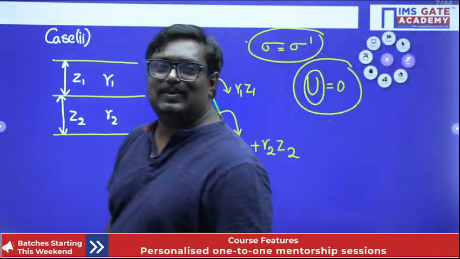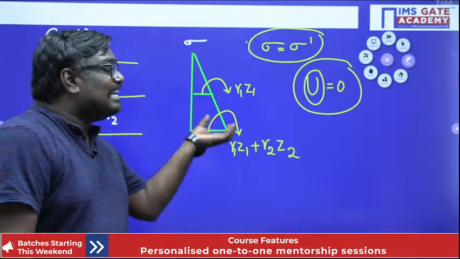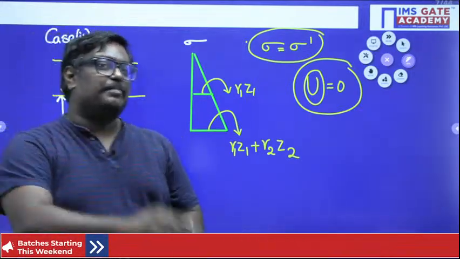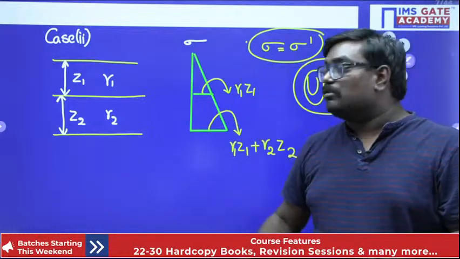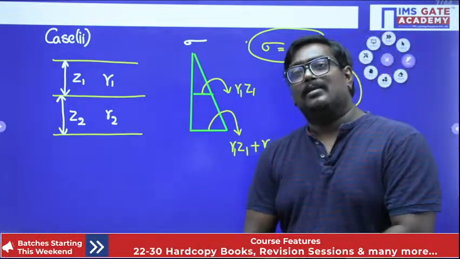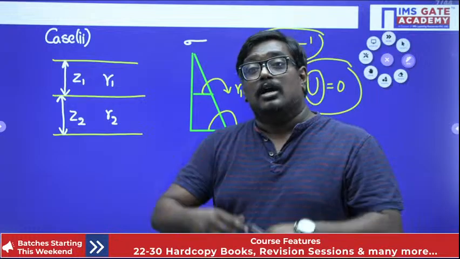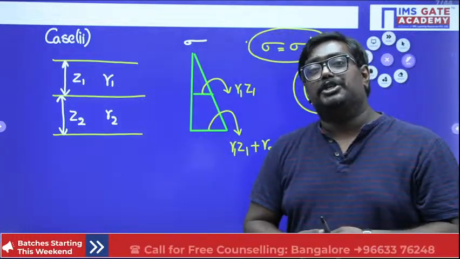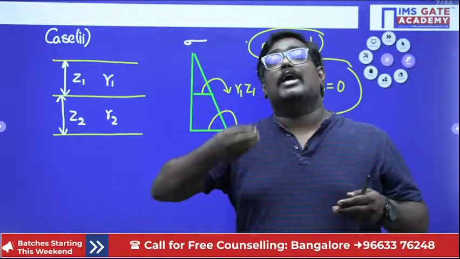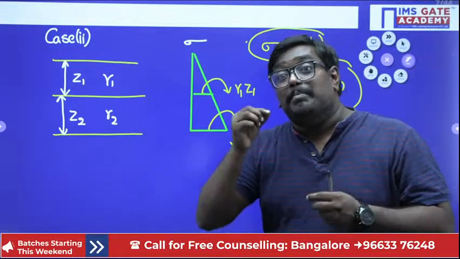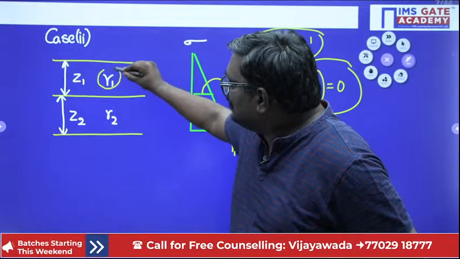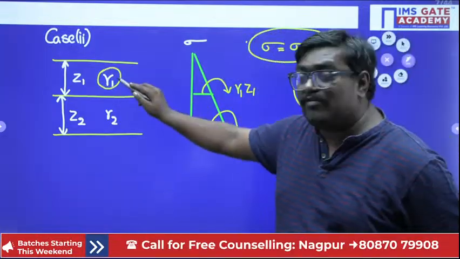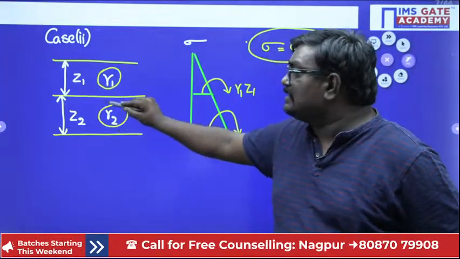Now, my dear students, I have done intentionally one thing wrong. Can anyone observe? I would be very happy. What is the wrong? Because when you are solving the GATE questions, I also want to explain the common mistakes. Here the first layer has a unit weight of gamma 1 and the second has gamma 2.